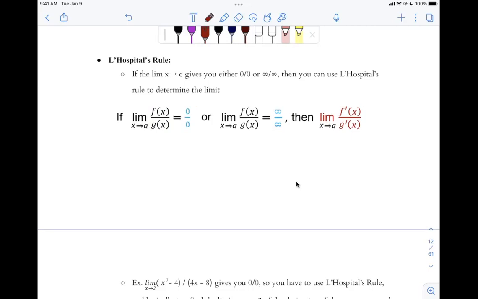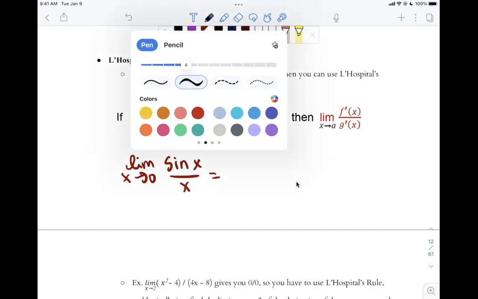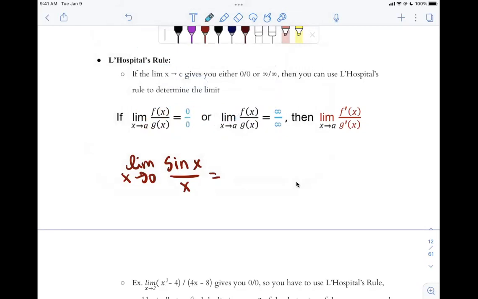So here's an example. Let's do the limit as x goes to 0 of sine x over x. Sine x as x goes to 0 is going to 0. I'm just going to put this in blue because it's not equal, but just the indeterminate form. And x is also going to 0. So that's giving us this 0 over 0 indeterminate form. So now we're allowed to use L'Hopital's rule.